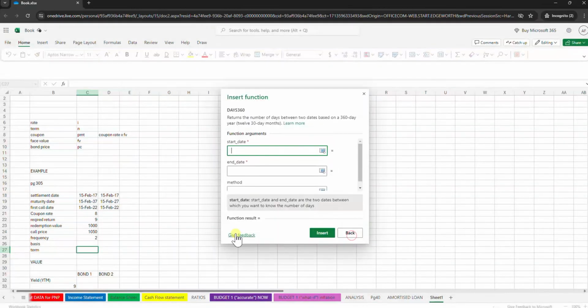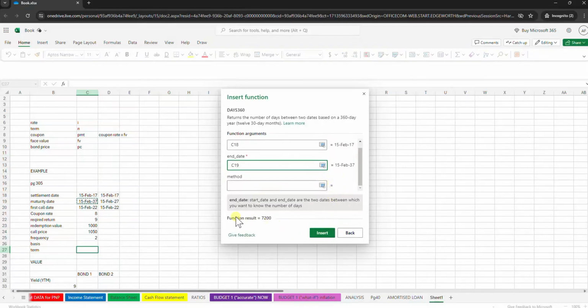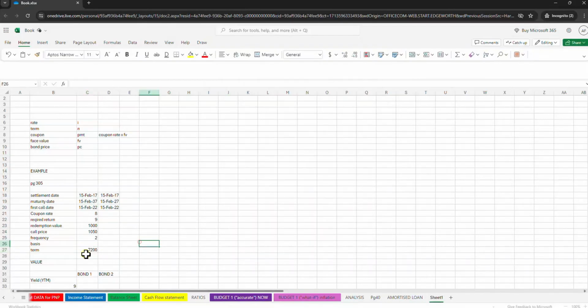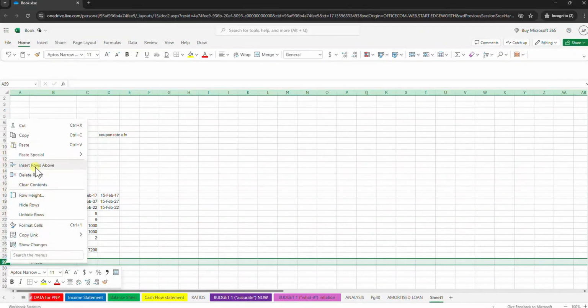Okay, so if I have this starting date, and I have this ending date, okay, insert, I've got 7,200 days. All right, so how many years would that be? We need to work that out.